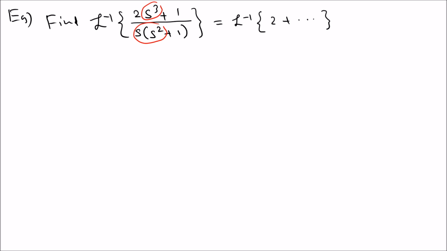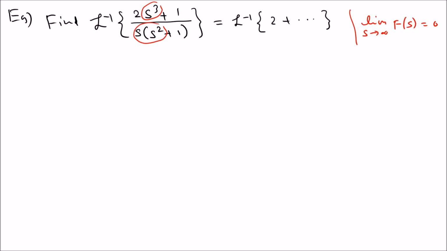If you want to find the inverse, we don't know what's going to happen, because remember we talked about the Laplace limit theorem. It says that the limit as s goes to infinity of F(s) has to be 0. But this is 2. That's not 0.